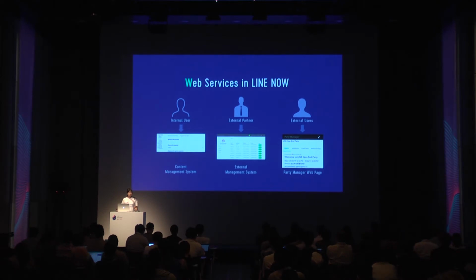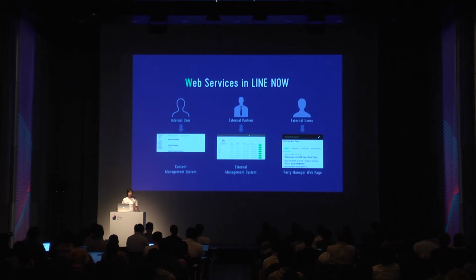The service consists of 3 web applications. First, the system for internal users called Content Management System, which provides features like creating and managing the relationship between events and beacons.